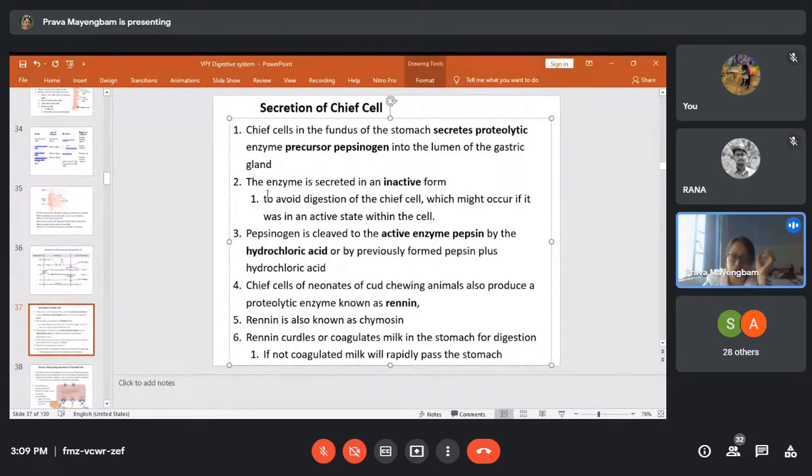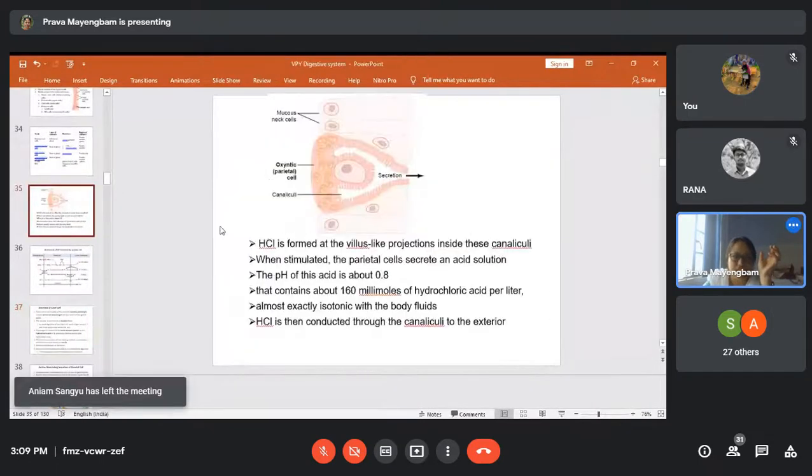Now do you understand the meaning of the lumen of the gastric gland? Imagine that this is one gland, and this is one cell in the gland.